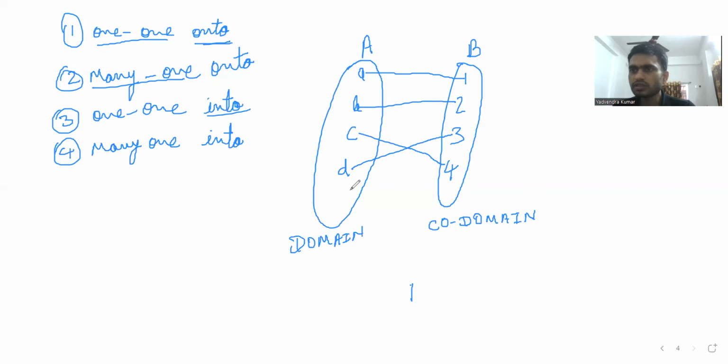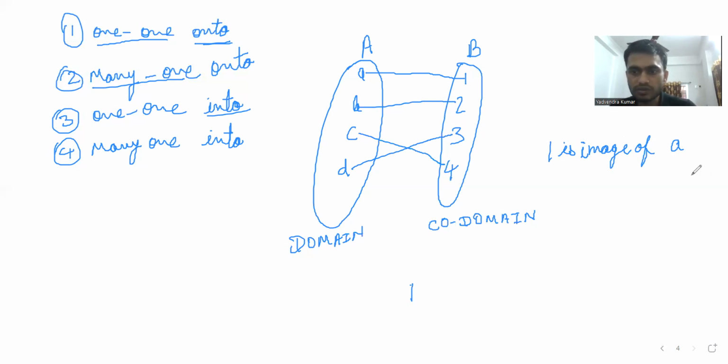We can see every element of A is uniquely related to B, so this is a function, and every element of A has some image. Here 1 is the image of A. If we talk about one element that is related to some element in the codomain, that is called the image.